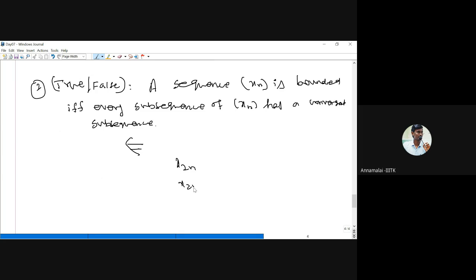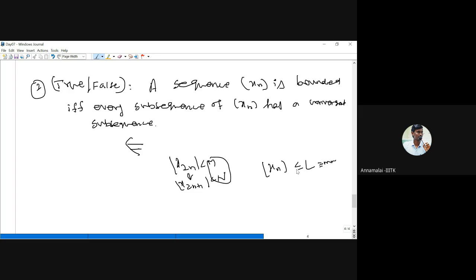If you take all the odd terms, this is also a subsequence. Each is convergent, therefore bounded. One is bounded by some number m, and the other by some number n. We take the maximum of these two, so x_n is bounded by some number L, which is the maximum of m and n. So this way is trivial: if we take convergent subsequences, then the sequence is bounded.